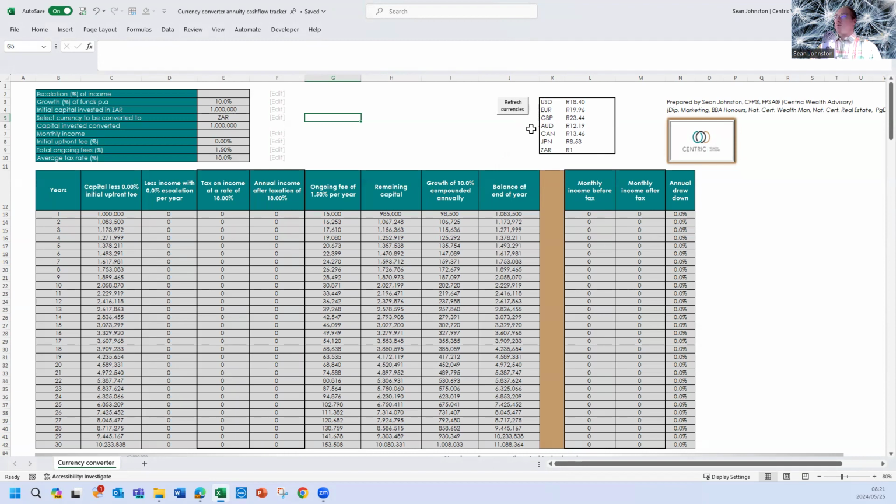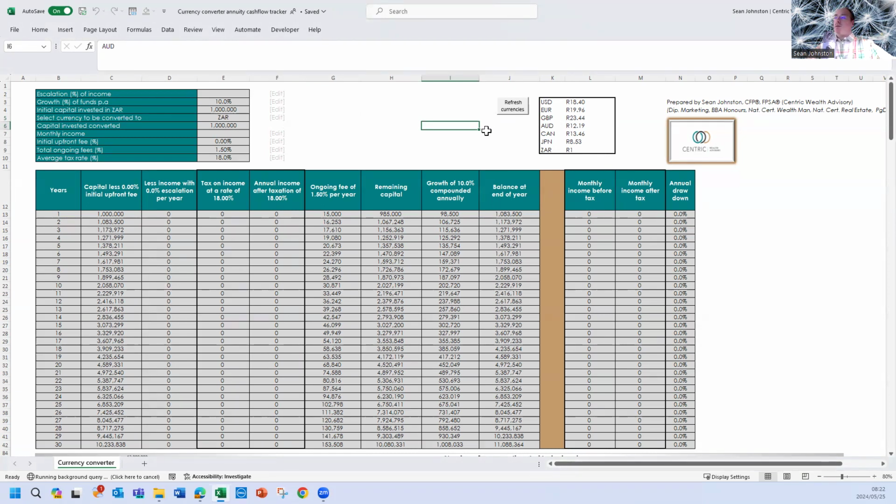The exchange rates that we're currently tracking at the moment are US dollars, euros, UK pound sterling, Australian dollar, Canadian dollar, the Japanese yen, and of course the rand, because the currency ratio is 1 to 1. What you would first do is refresh the currencies.